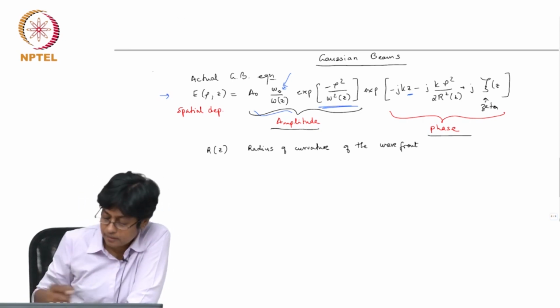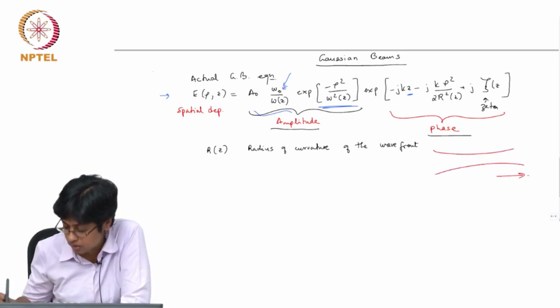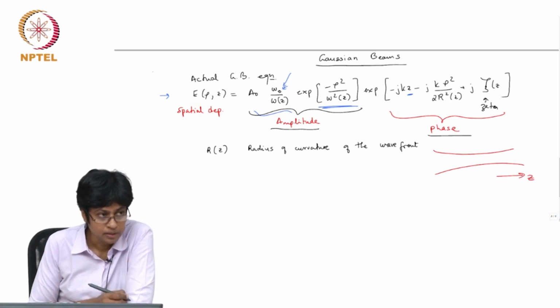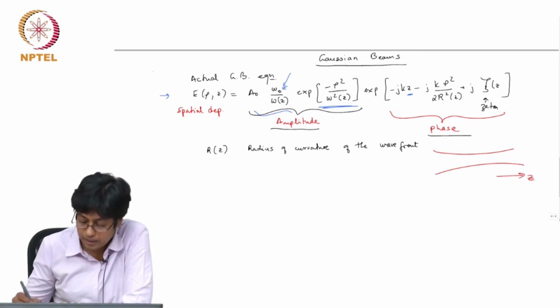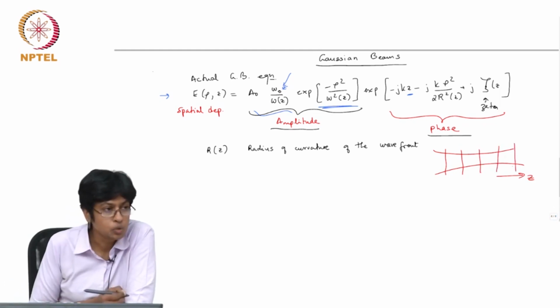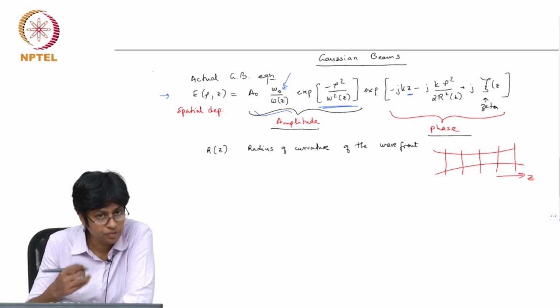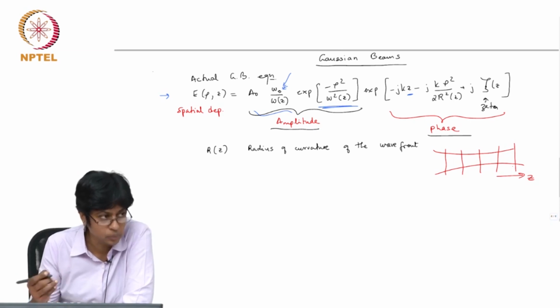And to explain this, I had said, imagine you were looking at a Gaussian beam propagating along the z direction. If you were to take the cross section at any plane, it would have a different radius of curvature, okay, which is quite different from the plane wave or the spherical wave.